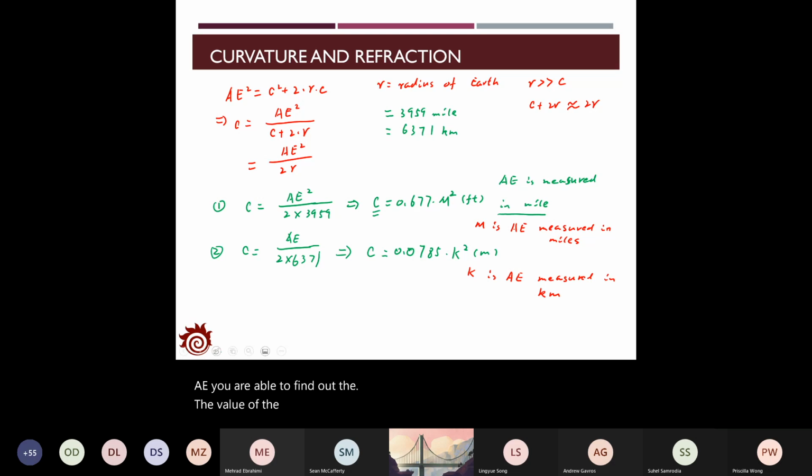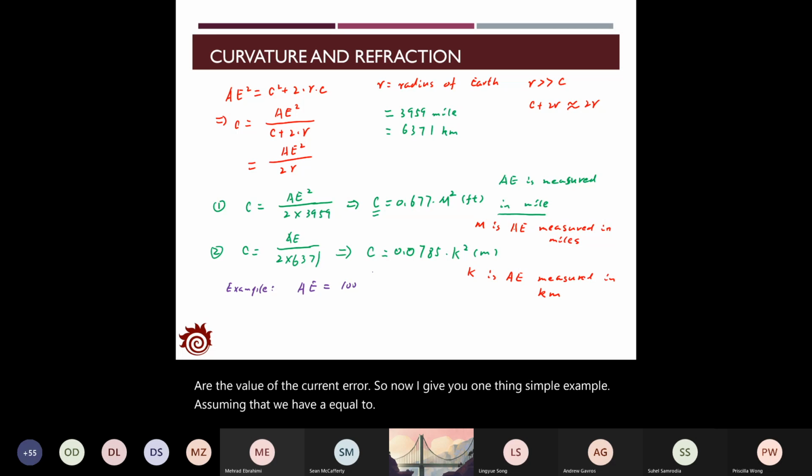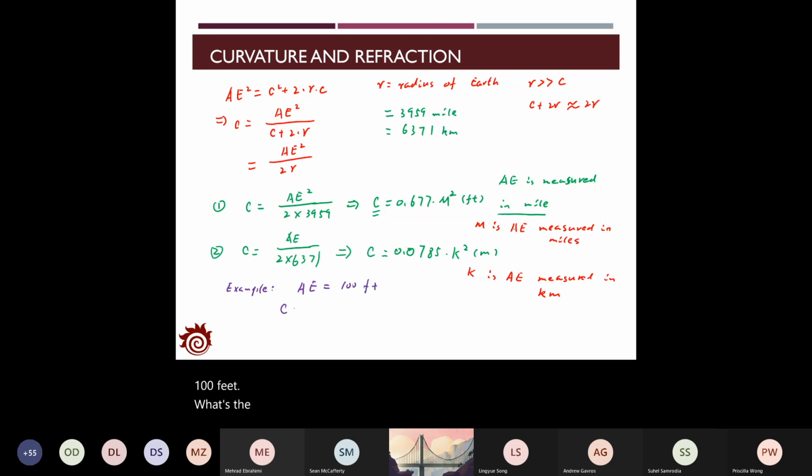So now I'll give you one simple example. Assuming that we have AE equal to 100 feet, what's the value of C? Do you know how to calculate this one?